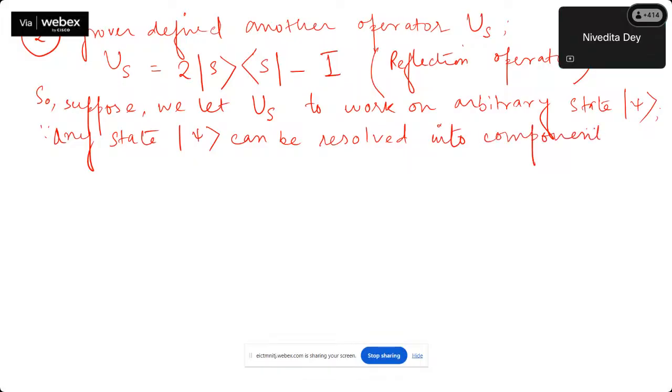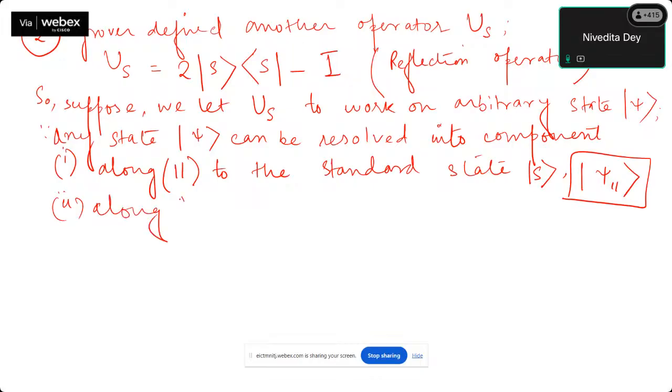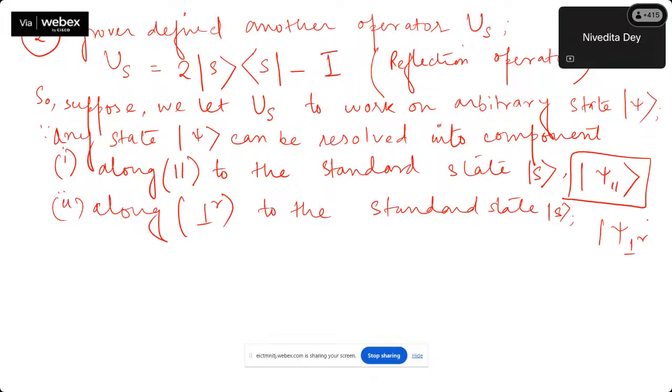One is along, that is parallel to, the standard state, so that is psi parallel, and second is perpendicular to the standard state, that is psi perpendicular.